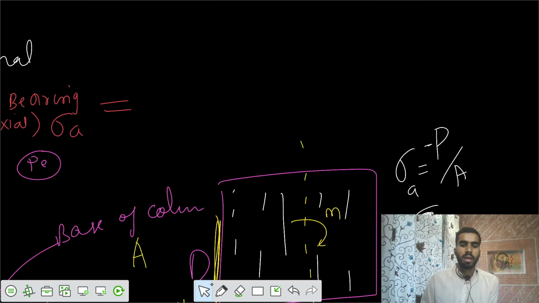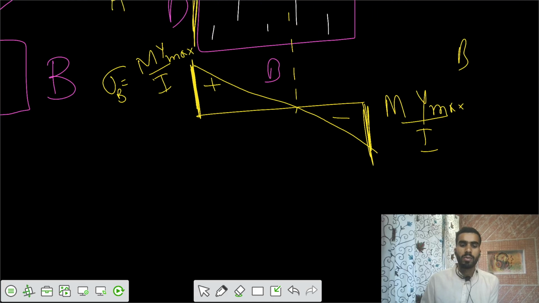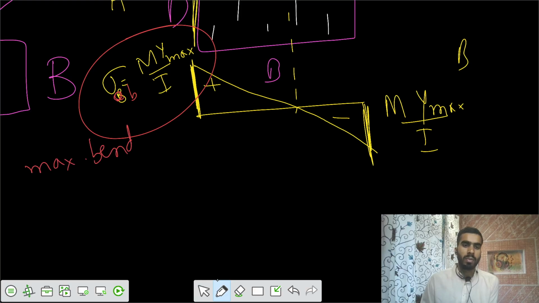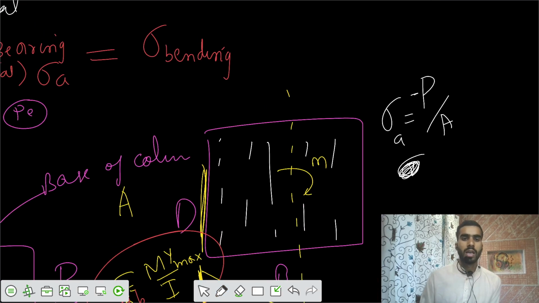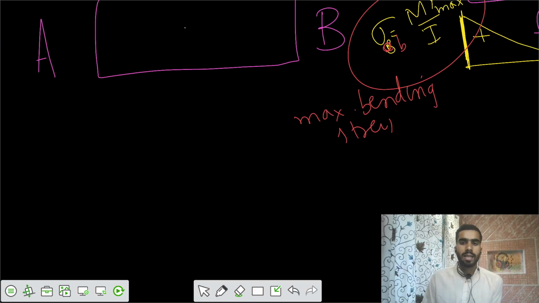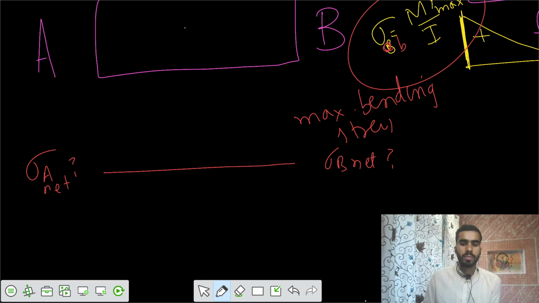The problem says that the maximum bending stress equals the maximum bearing stress. Using those equations, you need to find the net stresses at point A and at point B, sigma A net and sigma B net. You need to say what the two values are.